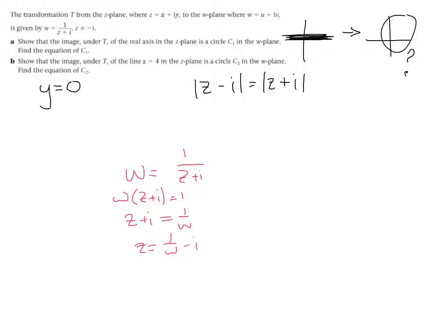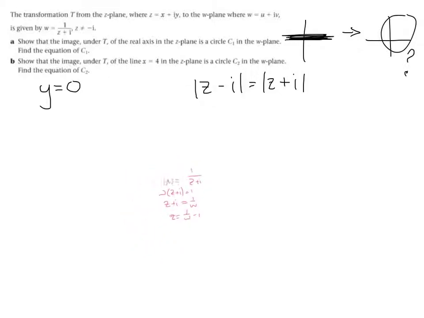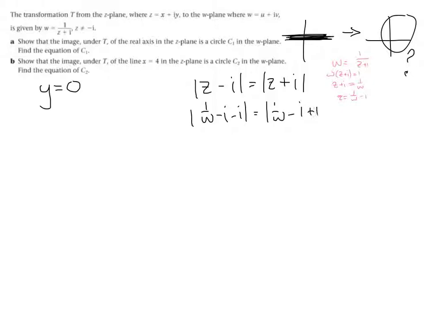Okay, so now I can sub that in to what I know. So |1 over w minus i| equals |1 over w minus i plus i|. Simplifying, 1 over w minus 2i w over w, you'll see why I did that in a minute, is 1 over w. Right, so on the top I've got 1 minus 2iw all over w.